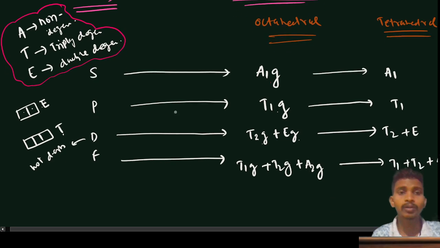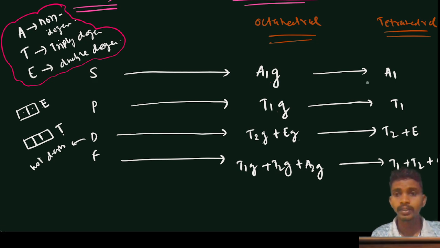So we can easily remember that S is mainly the ground state, so you get only one Mulliken notation, A1g, and this is A1. For P orbitals we get T1g, and this is T1, one triply degenerate. For D we get T2g and Eg, and this is T2 plus E. For F we get T1g, T2g, A2g, and this. So we can easily remember it.